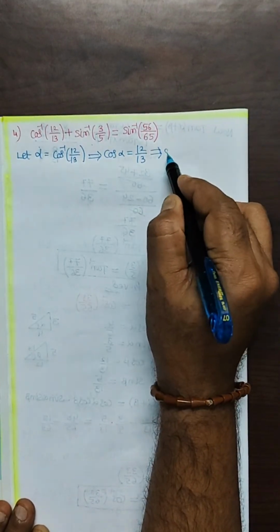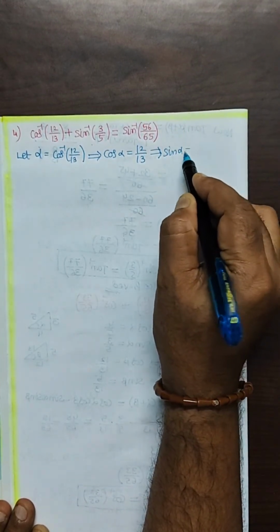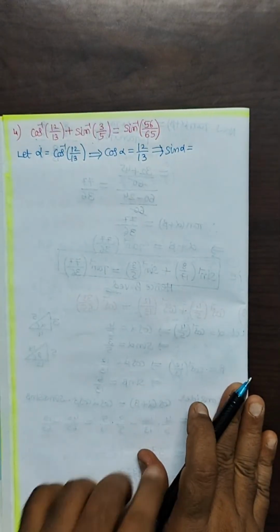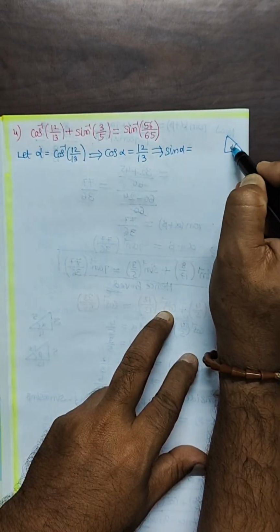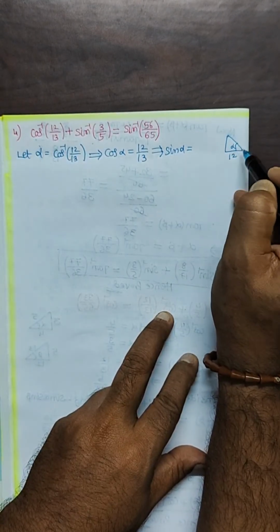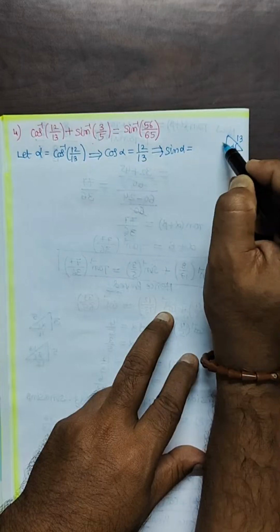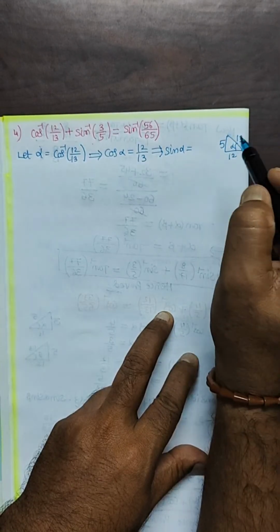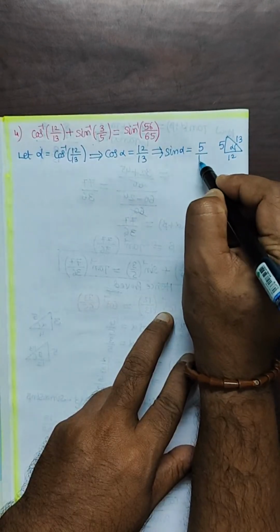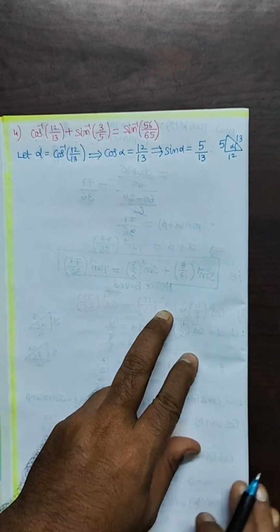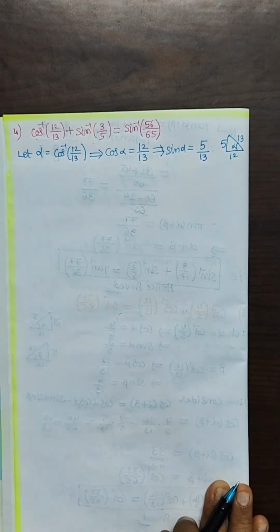That implies sin alpha equal to, see, sin alpha, in what way we can calculate it? Right angle triangle, alpha here. Cos definition is adjacent side by hypotenuse. Here 12, 13 means here obviously 5 will come. So sin definition opposite by hypotenuse, 5 by 13.